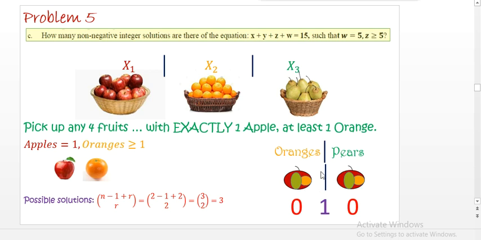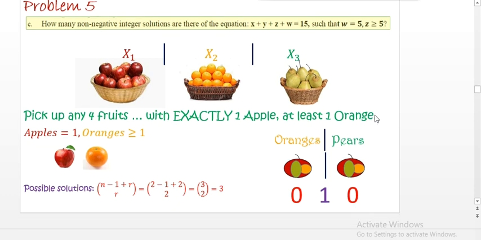So there are 3 possible solutions. In other words, for x2 + x3 = 2, how many solutions are possible? The value of n is now 2, so (n minus 1 plus r) choose r, with r = 2: 2 minus 1 plus 2, choose 2. So 3 choose 2 is equal to 3.